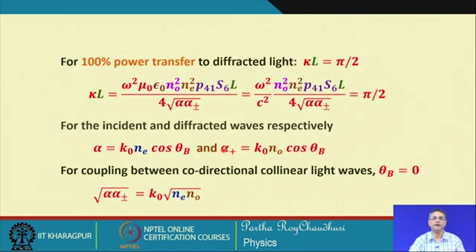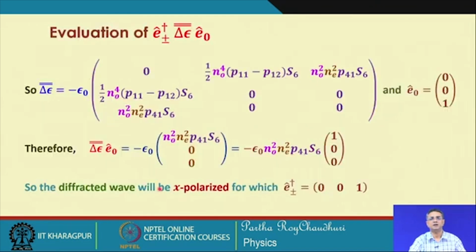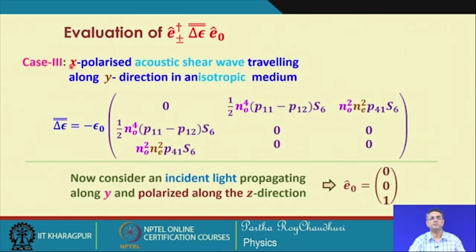So, these are now well defined, and for coupling between two codirectional collinear waves, that is the large Bragg angle case, this is the case where you get the large Bragg angle diffraction, because your acoustic wave is travelling along the y direction and your light is also propagating along the y direction. So, this is a case which corresponds to a large Bragg angle diffraction.